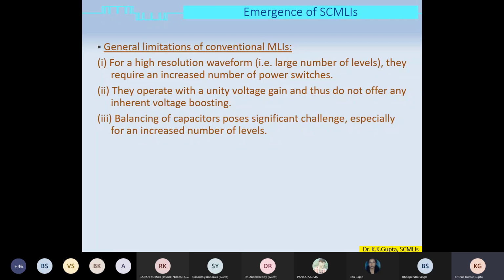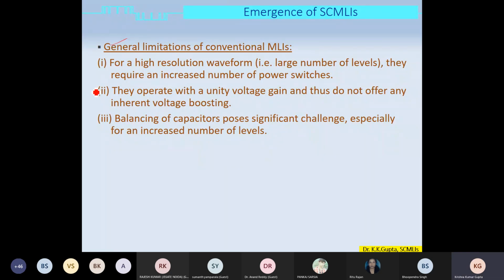So for every increment in the number of power switches, the overall volume of the system increases because you need gate drivers, protection units, and heat sinks. Therefore, it is highly desirable that we get a high resolution waveform with a low number of power switches. This is an important concern due to which numerous new topologies are evolving.